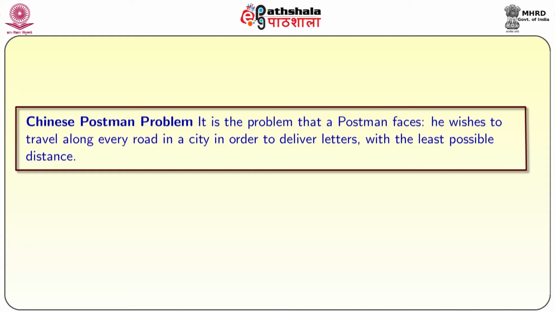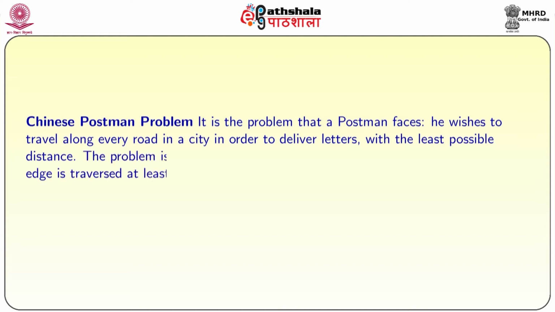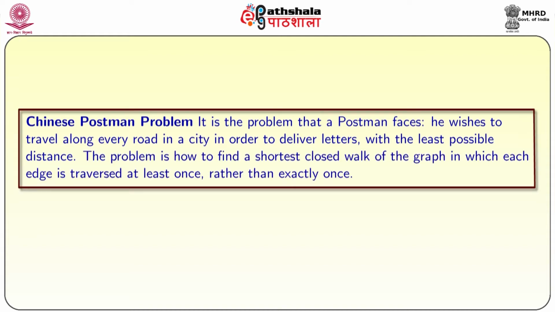We will try to cross each edge, each road, exactly once. The problem is how to find the shortest closed walk of the graph in which each edge is traversed at least once, rather than exactly once. If you traverse exactly once, then it is optimal. So we try to travel at least once and we try to reduce the traveling.